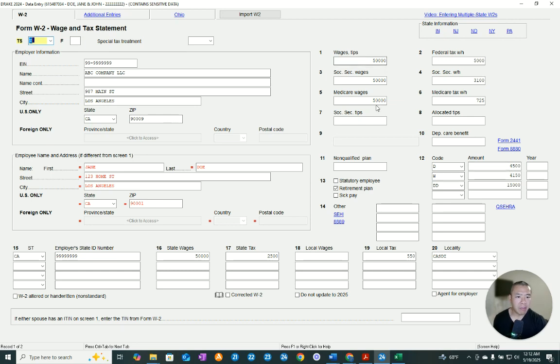I know it doesn't exactly match; there should be a variance between these two numbers, but this is more so just to show the high-level stuff. W, I believe, is HSA. DD is the employer portion of the taxes. And then down here, California: $50,000 wages, $2,500 California tax withheld, $550 of California state disability.